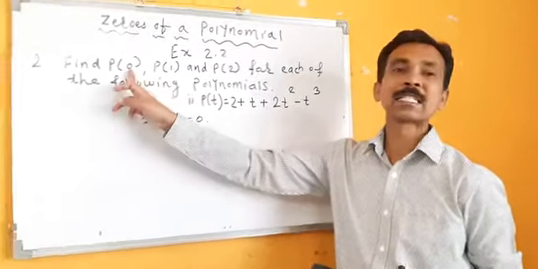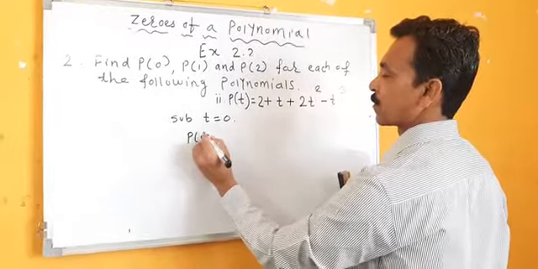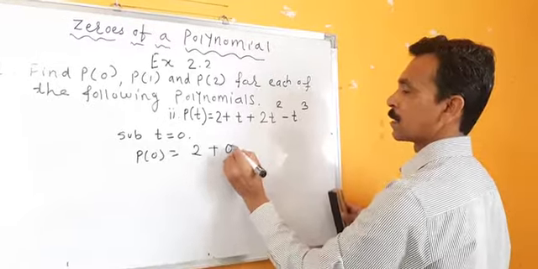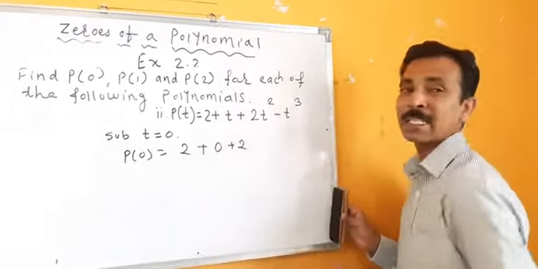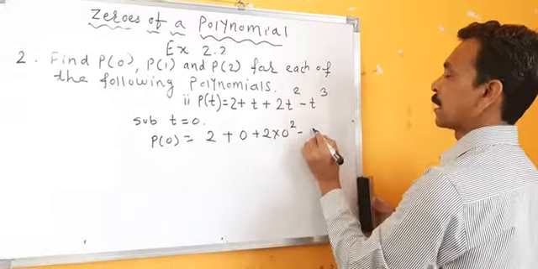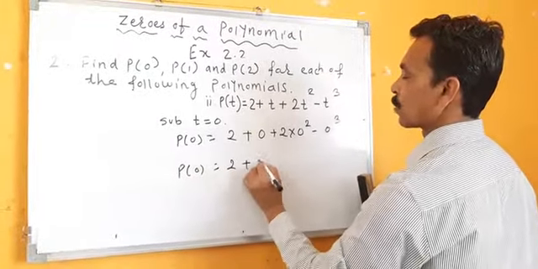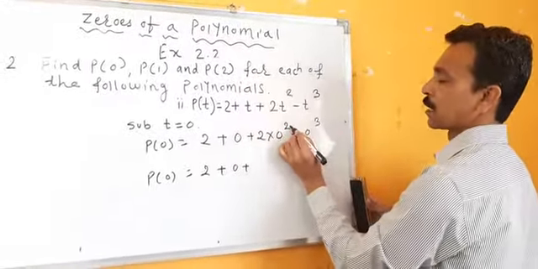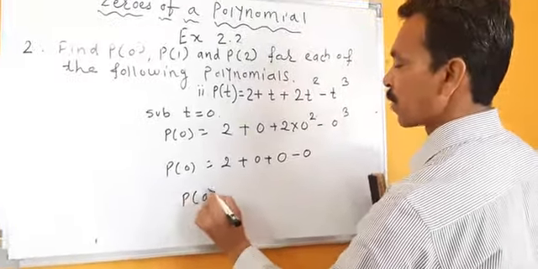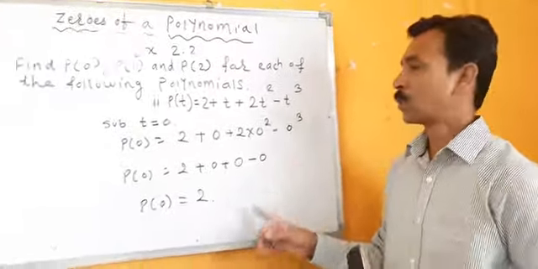Whatever the first value is, 0. If I place the value of t as 0, it becomes P of 0 is equal to 2 plus t, which is 0, plus 2t square, meaning 2 into 0 square, minus t cube, meaning 0 cube. P of 0 is equal to 2 plus 0; 0 square is 0, 0 into 2 is 0, 0 cube is 0. So P of 0 is equal to 2.